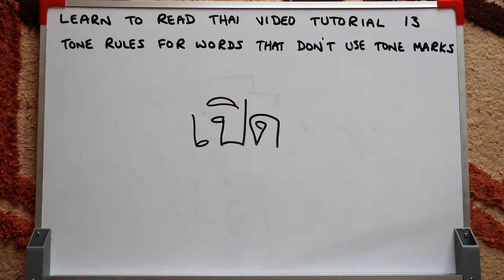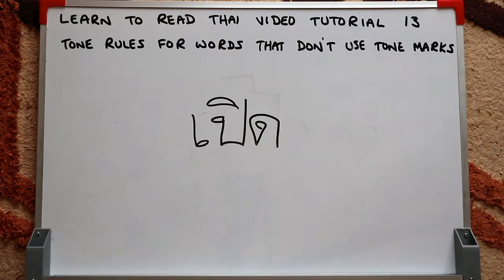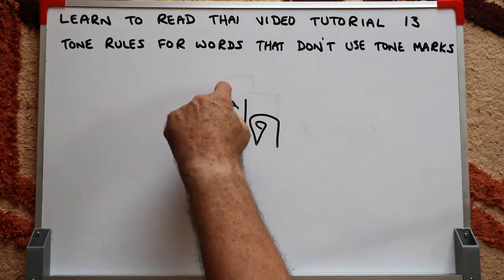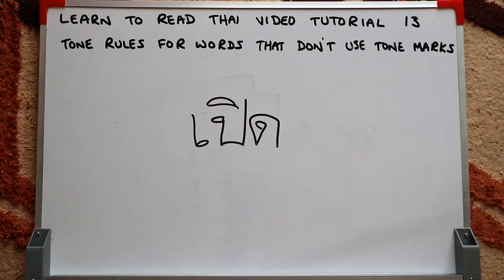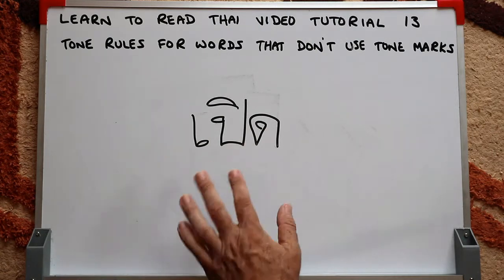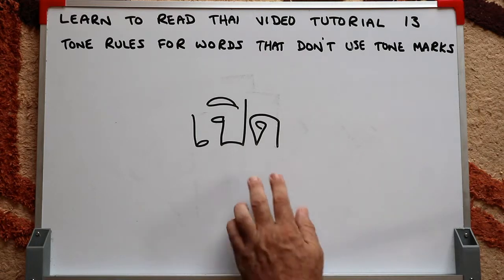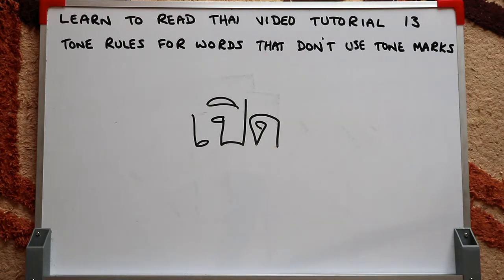Okay, this one, if you remember, is the Thai word for open. So the Sara A and the Sara I make an sound. The initial consonant is the po bla, which sounds something like the sound between a B and a P. And the final consonant is a dordek, which makes a T sound as a final consonant.